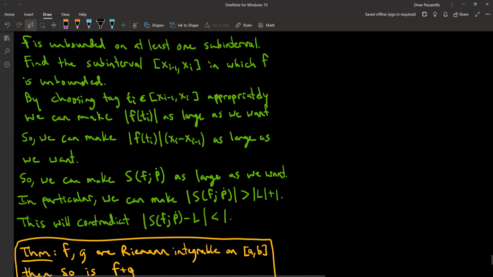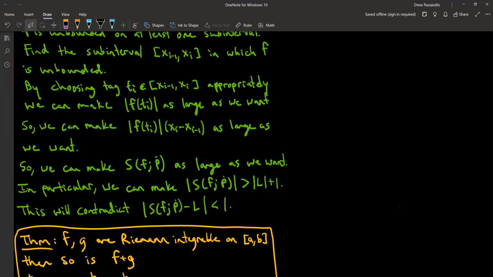And then consequently, we can make the Riemann sum S of f, P as large as we want. In particular, we can find a tag that produces an absolute value of the Riemann sum greater than the absolute value of L plus 1. And if that's true, then that's going to contradict our assumption that S of f, P minus L is less than 1.